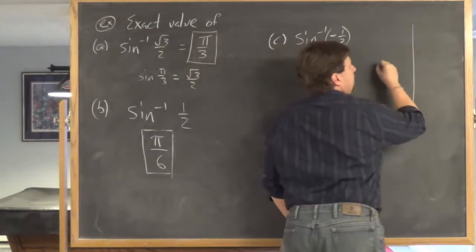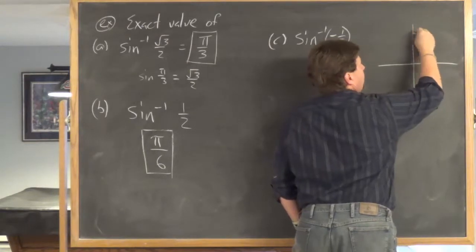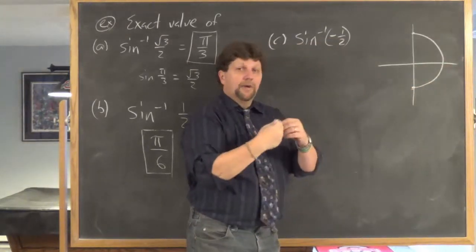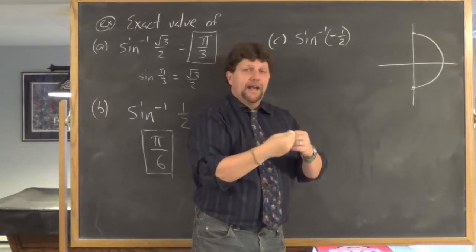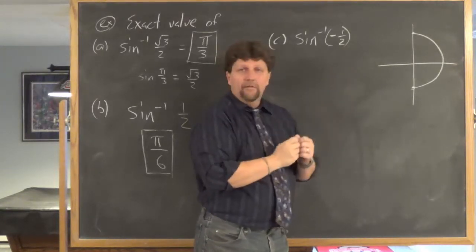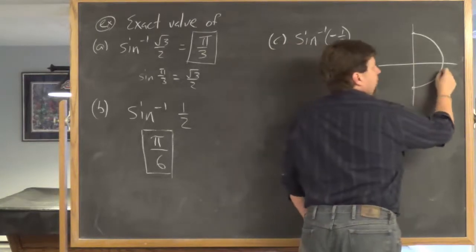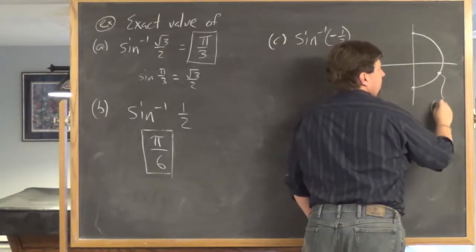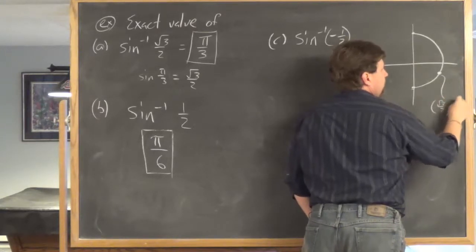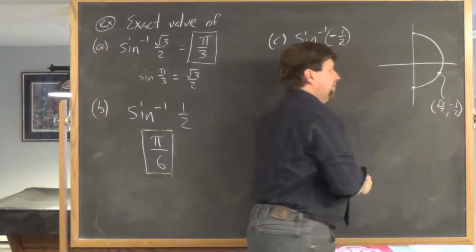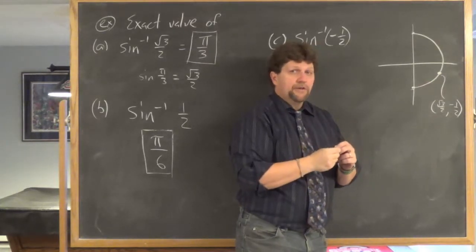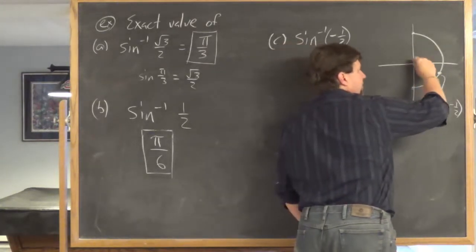I'm looking for an angle where, when I do the sine of that angle, I get negative 1/2. I know this point right here on the unit circle. That point is square root 3 over 2, negative 1/2. It's telling me what the angle should be. So I need to know this angle.